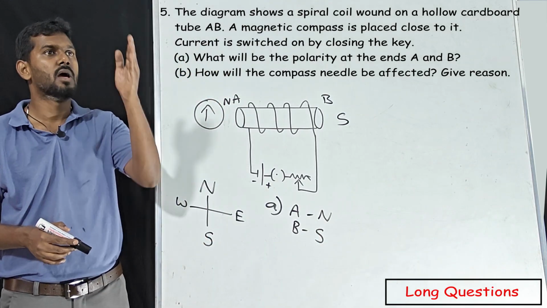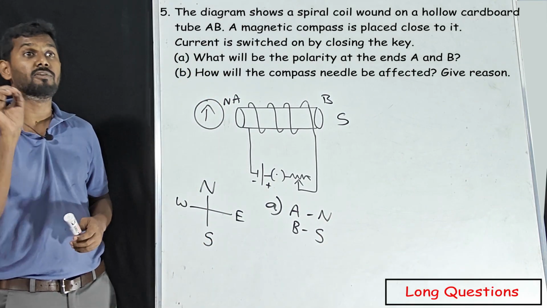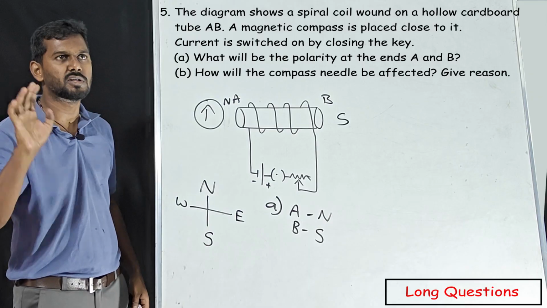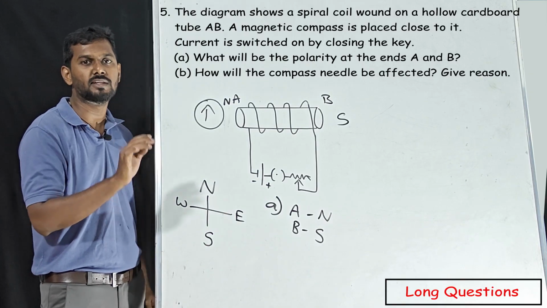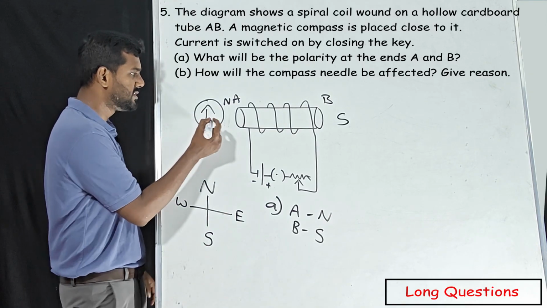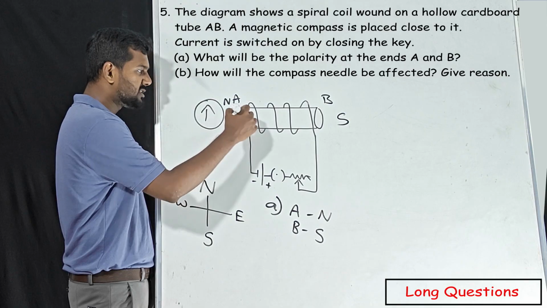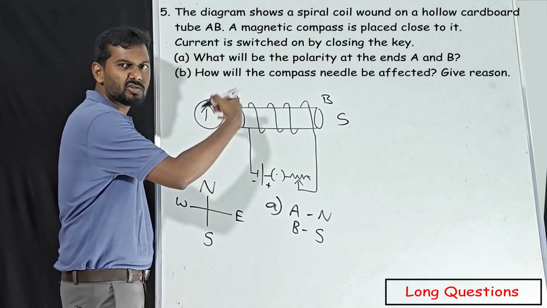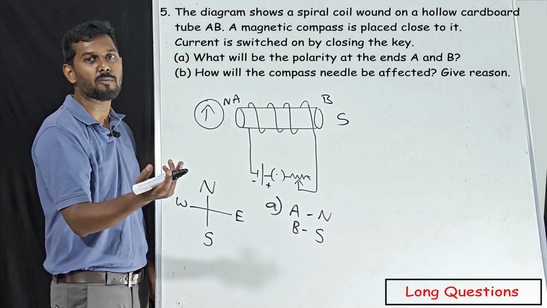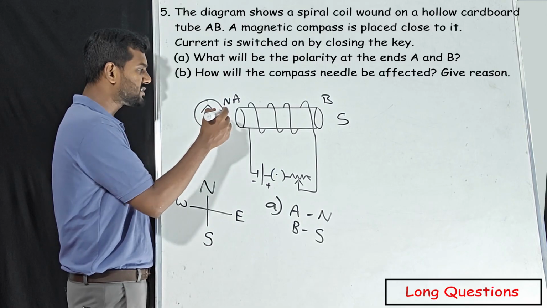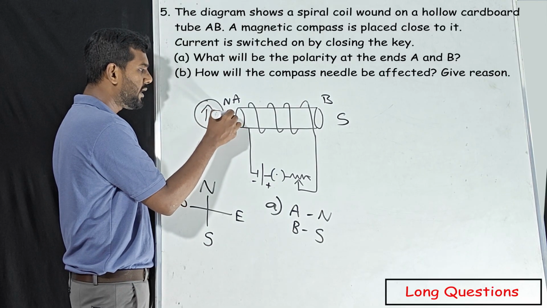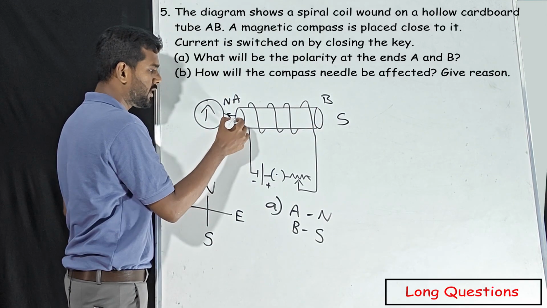Our next sub question: how will the compass needle be deflected? Give reason. Very simple question. Listen, first we need to write the direction of magnetic field lines. We know this is a solenoid, and a solenoid is nothing but a bar magnet. For a bar magnet, the direction of magnetic field will be from north to south, correct?